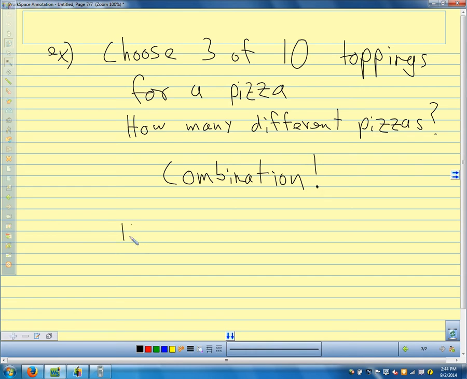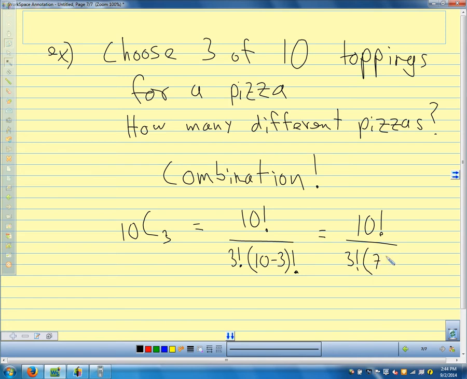So we're doing 10C3. 10 factorial over 3 factorial times 10 minus 3 factorial. We write that again, 3 factorial times 7 factorial.